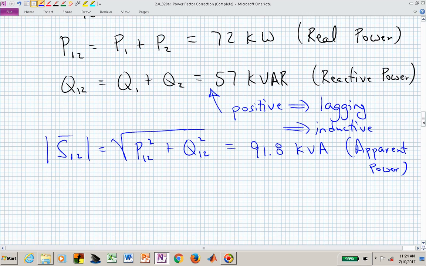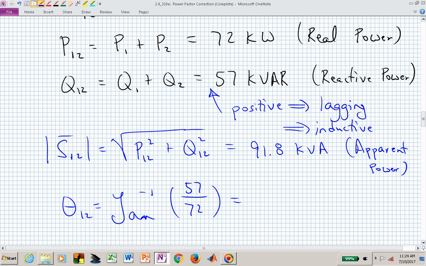We could also compute the angle of that combination of loads 1 and 2 by doing the inverse tangent of the reactive part, which was positive, of 57, and a horizontal part of 72. I don't need to worry about the thousands. Those have canceled out.